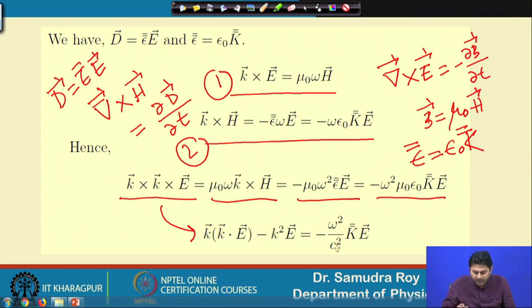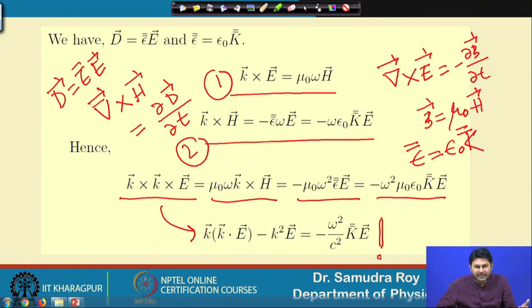So, we have omega square by c square K double bar E. So, we have an equation in our hand. This equation is nothing but the straightforward wave equation, but in a different form, in the form of k. In that case it was with the operator, but as if we are doing the same thing in Fourier space.